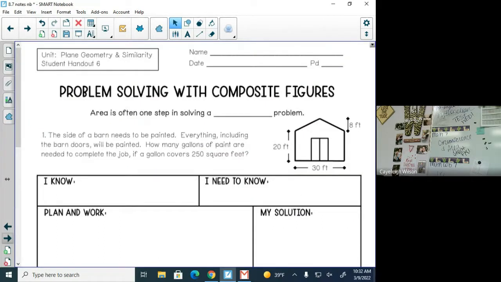So this is problem solving with composite figures. So if you were good at what we just did, you're going to be fine with these.